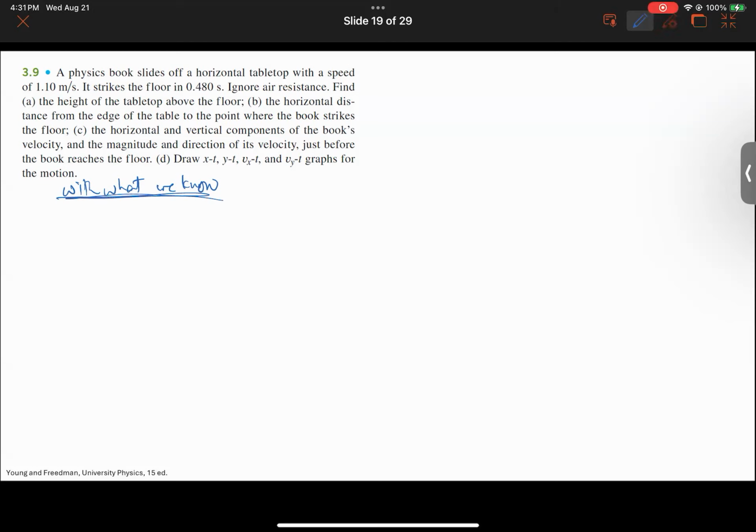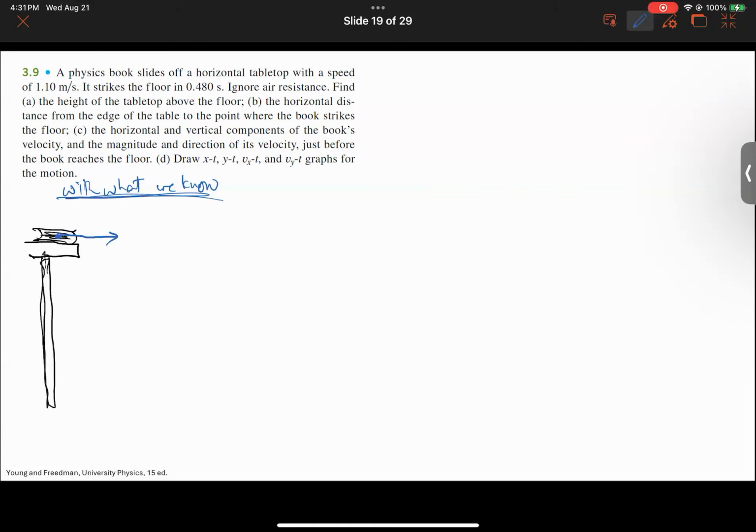Let's draw a table, and then you have a book there. It slides off a horizontal tabletop. That means its initial motion is horizontal, because it just slides off. So it slides off horizontally. That is one of the things we know.